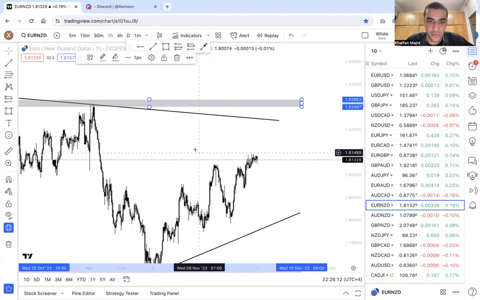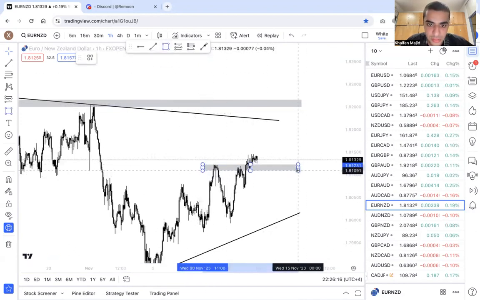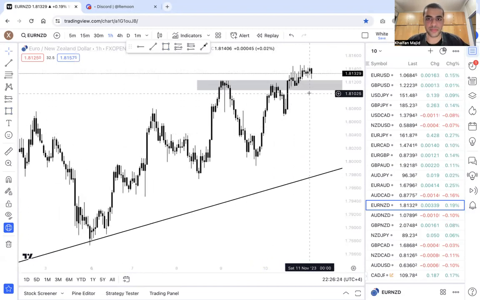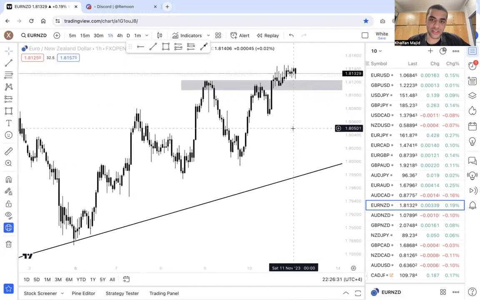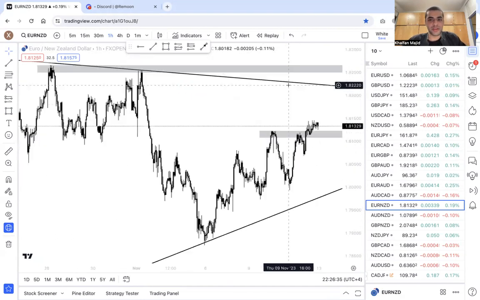And you see, New Zealand made a break and retest, I think, but it didn't make a super clear break and retest. It broke, but then it didn't fully reject. It should go a little bit more up, then go into the middle of the retest, and then you should trade. But you shouldn't just go mindlessly and try to trade a break and retest this way.